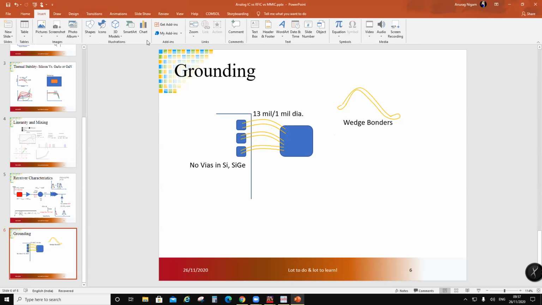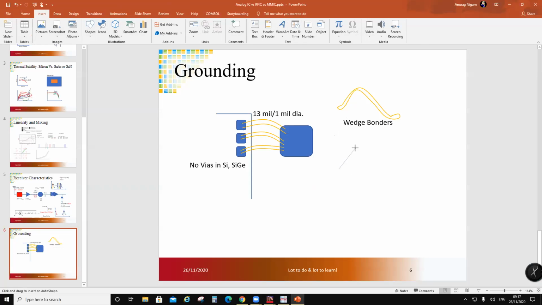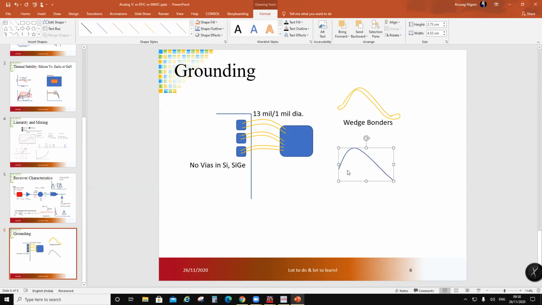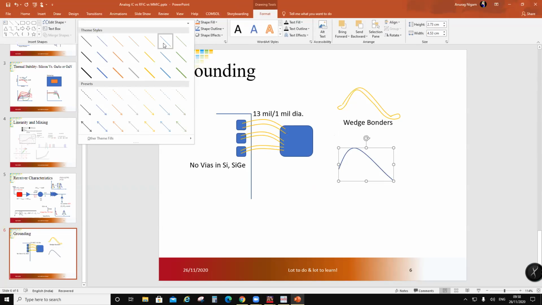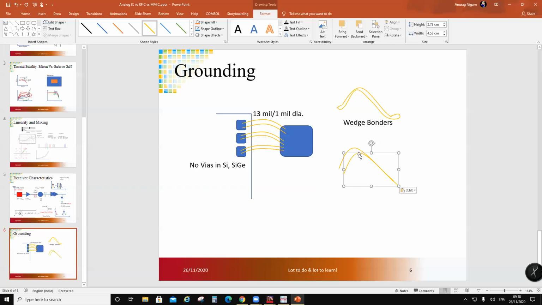So the ball bond looks like this. So you have a wire, okay, and this wire is not going to terminate like that. Okay, so let's see. So that's the wire.